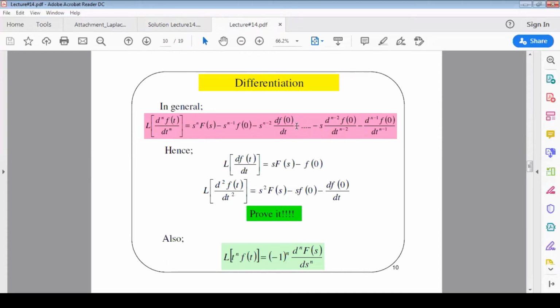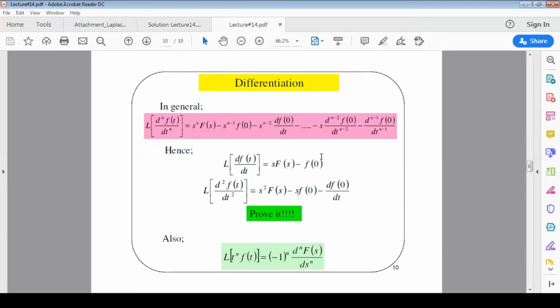Just to remind you that our concern is only up to the second order of differentiation. If f(t) has the Laplace transform F(s), and f(t) is differentiated for the first time, which is first order differentiation, its Laplace transform will be s multiplied with F(s) minus f(0).